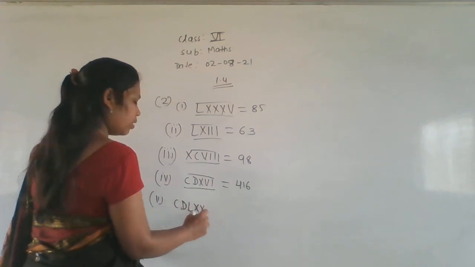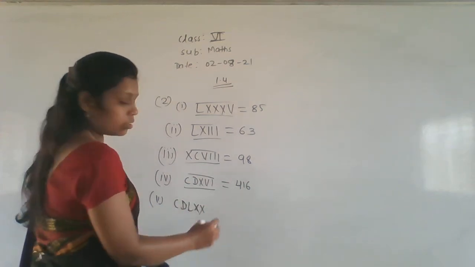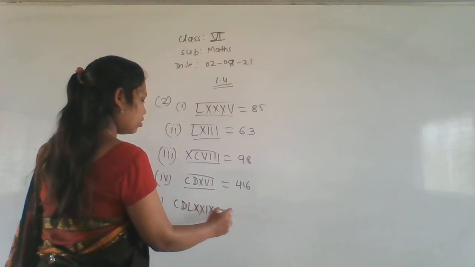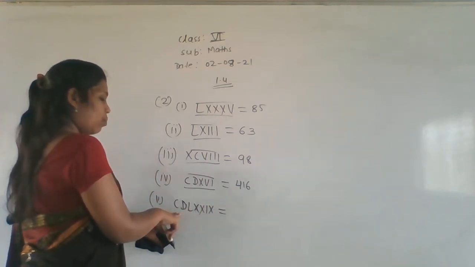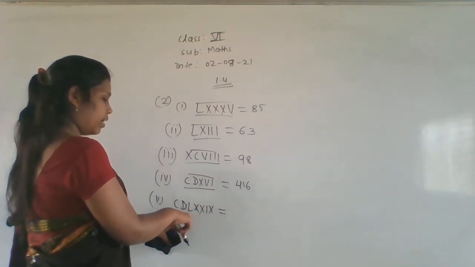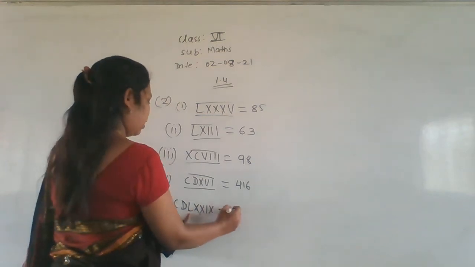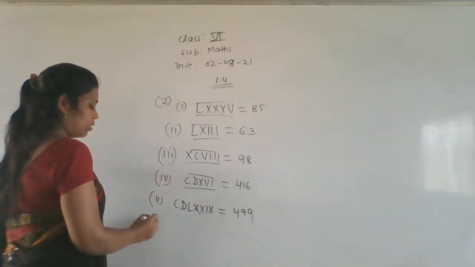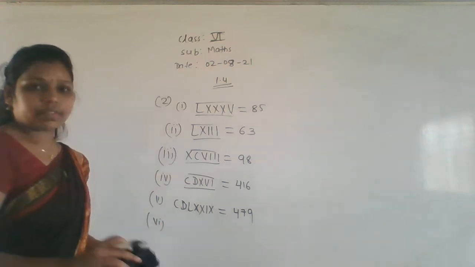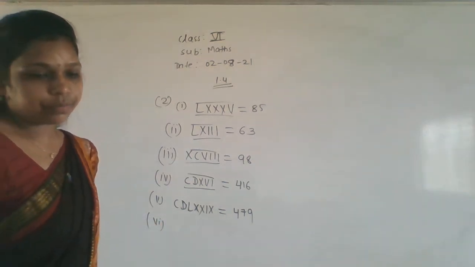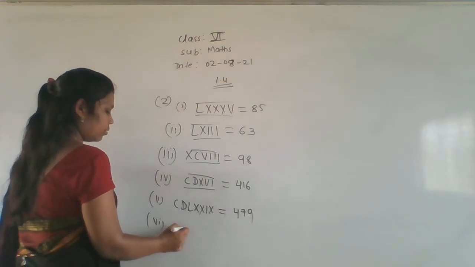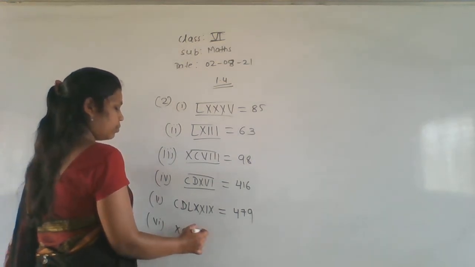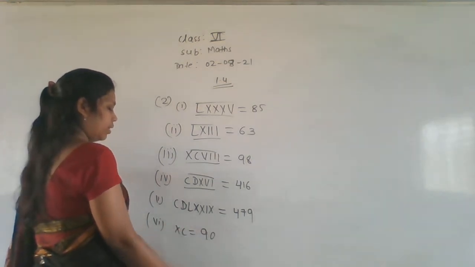LXX. So how much is it? 479. Next, sixth one is XC. XC means it is 90.